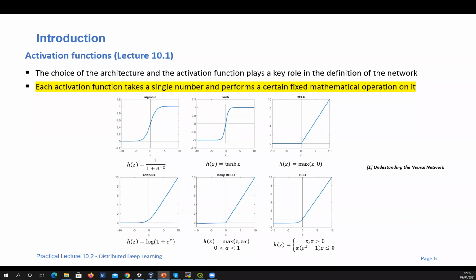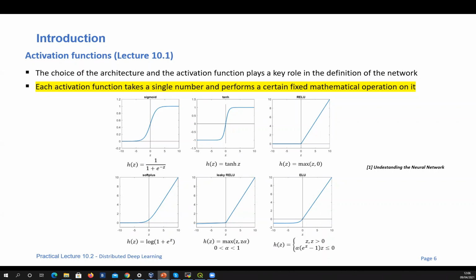And in particular, if you look at these 6 functions that you can see listed here, that are just some of the many existing ones that are used, it's not that you can use each of them for any task. You will have to select the one that performs better for the role that it has to play.